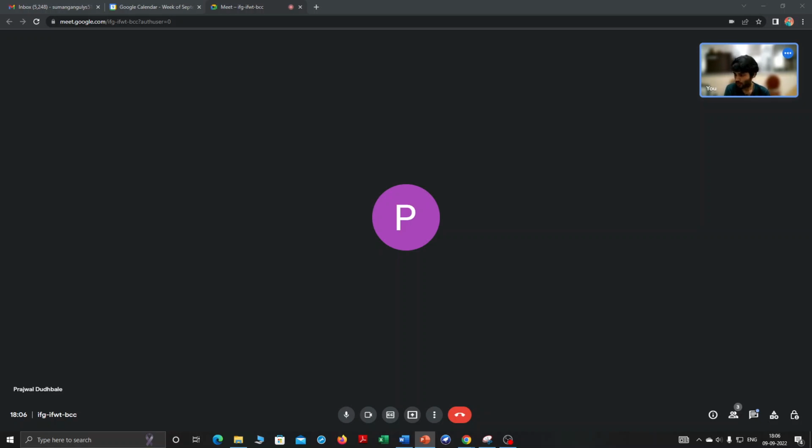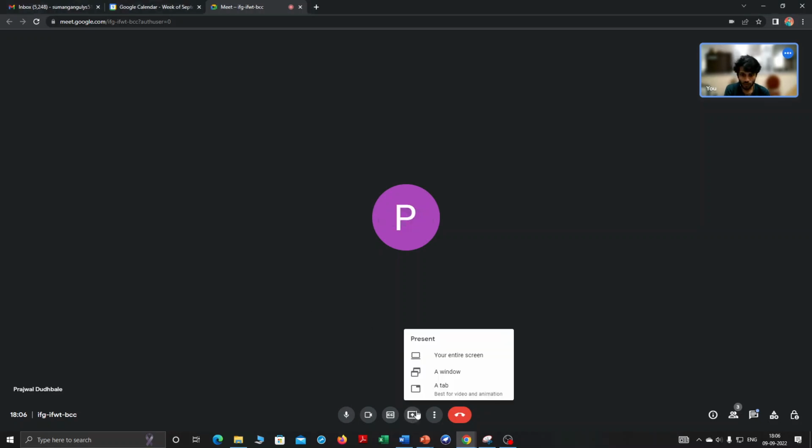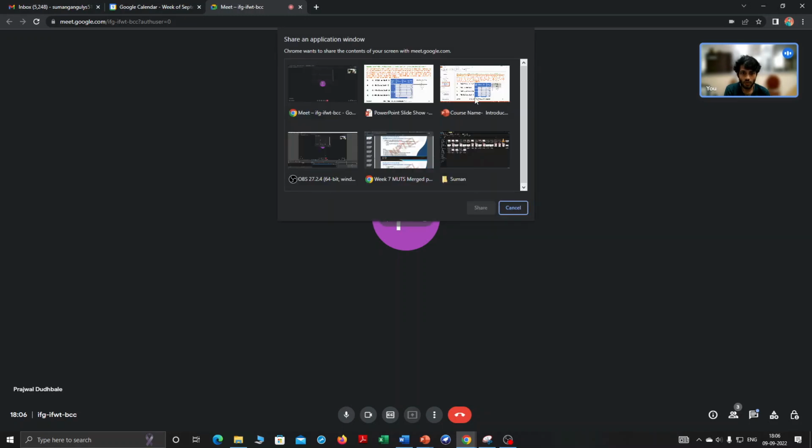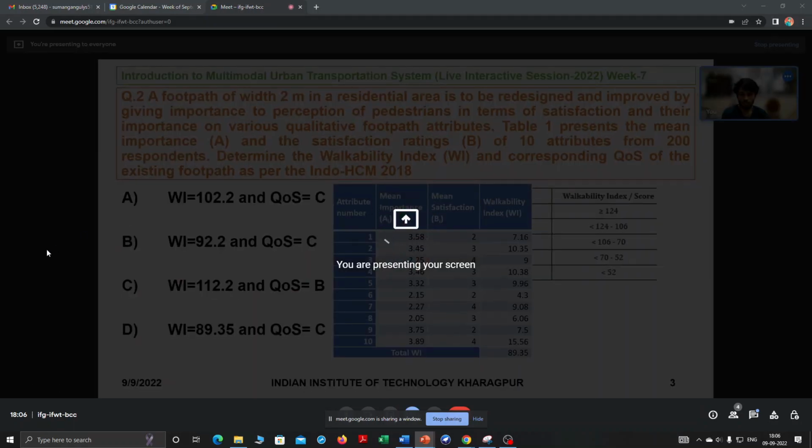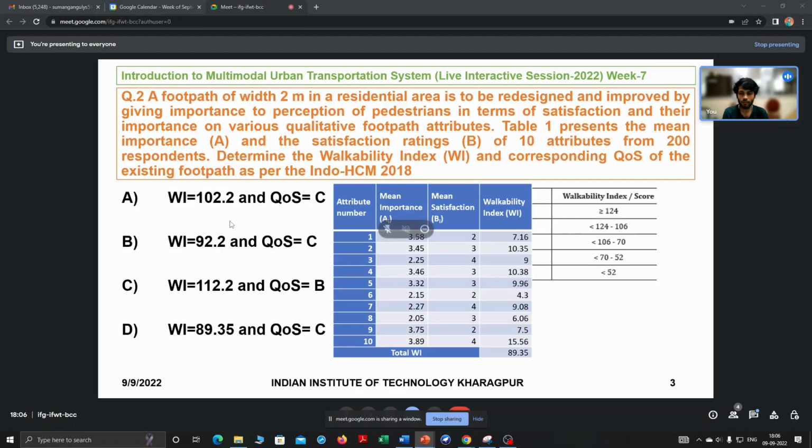These are the values, right? So let it be like that for now at least, and go to the sharing mode and share the tab once again. This is the tab. I think now it is visible to you again.